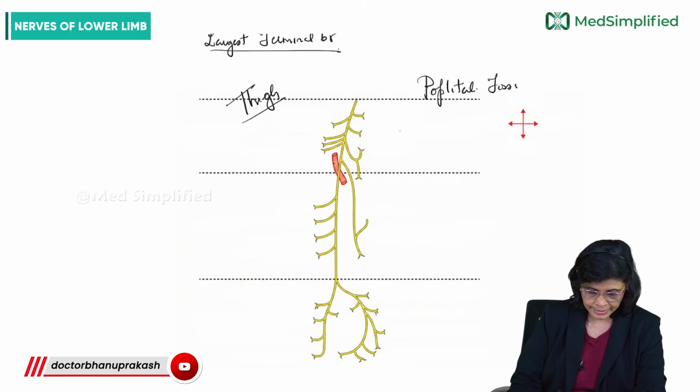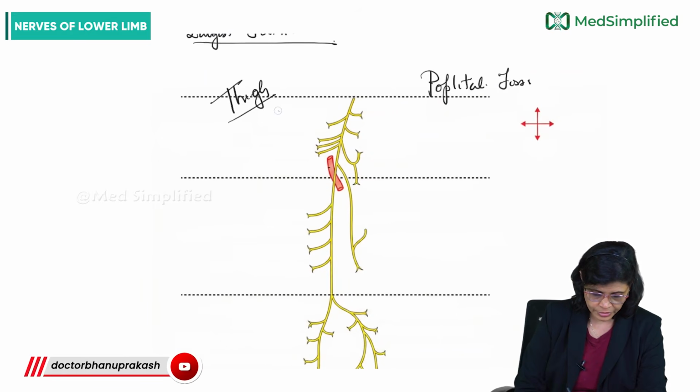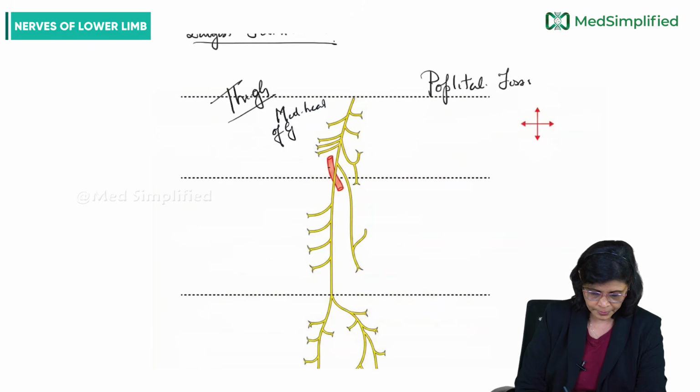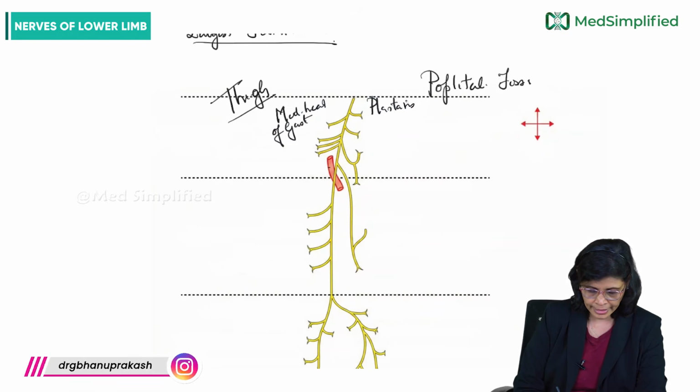That is, it supplies the medial head of gastrocnemius, then the plantaris, the lateral head of gastrocnemius.